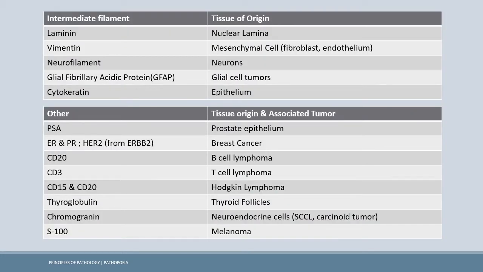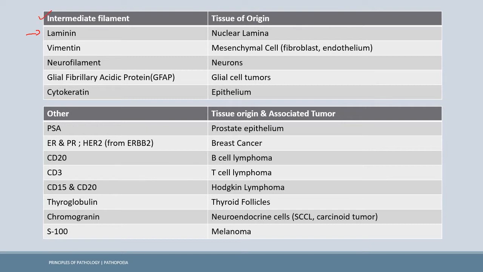Okay, I have included tables for the immunohistochemistry, the stains that specifically target the intermediate filaments, proteins, or some markers. I know that these are some stuff that you need to remember.